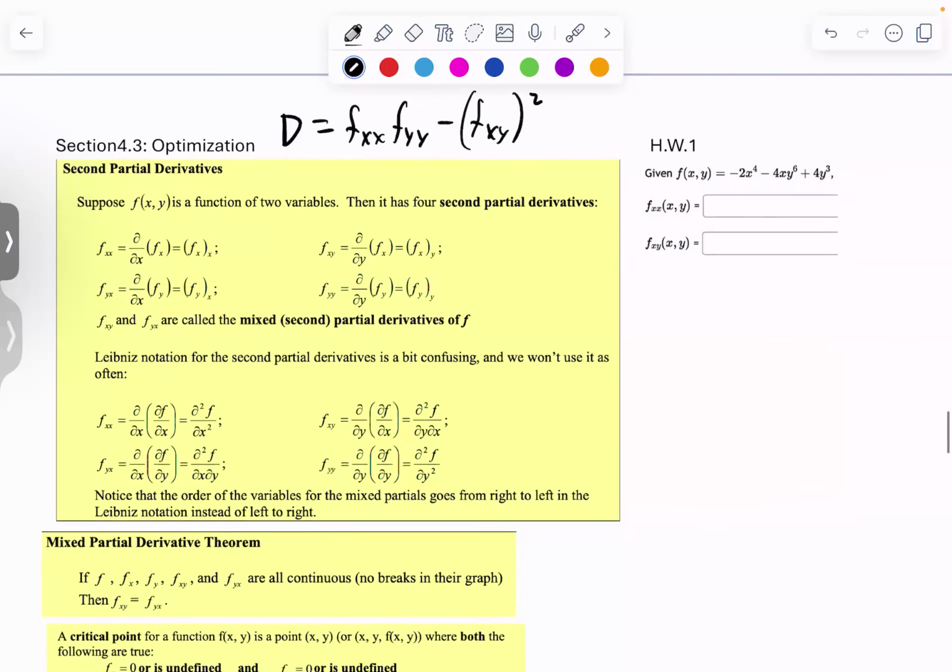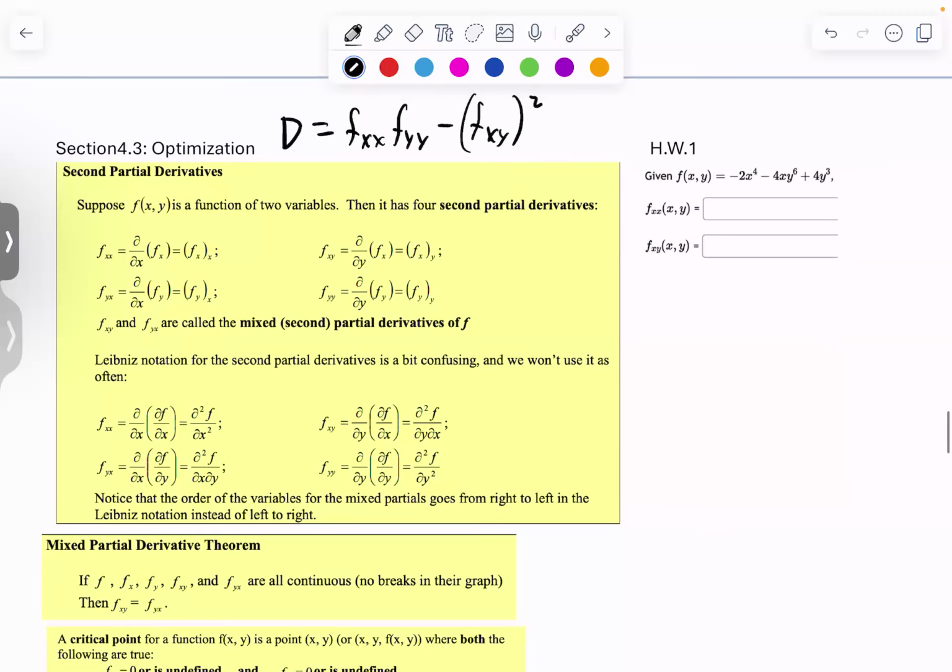Our first example is we need to find f sub xx and f sub xy. So let's start here with f sub xx. We'll start with f sub x, the first derivative with respect to x only, meaning y in this case is a constant relative to the variable x.